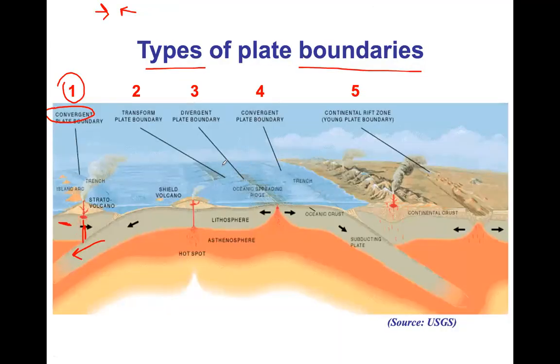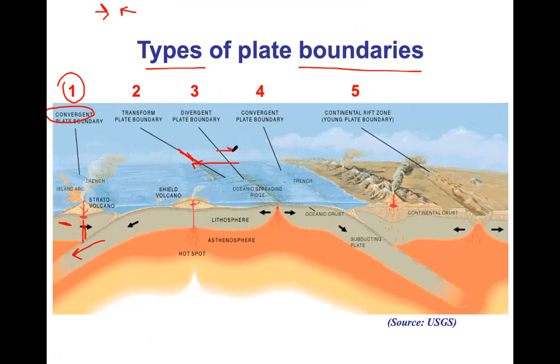For example, one plate here. In this example, it's both oceanic. This plate is moving this way. So that's why this particular oceanic part has shifted or offset, right?